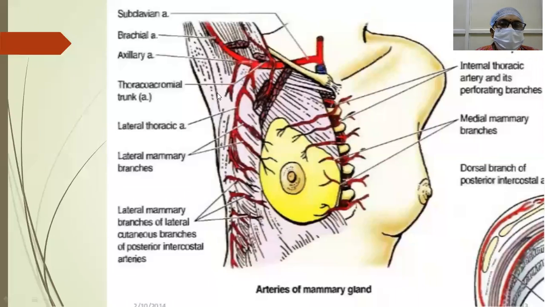Then the thoracoacromial trunk, the brachial artery, and the axillary artery. I told you mainly the lateral part of the axillary branch, the thoracoacromial trunk, and the lateral thoracic artery. Lateral mammary branches of the lateral cutaneous branch.